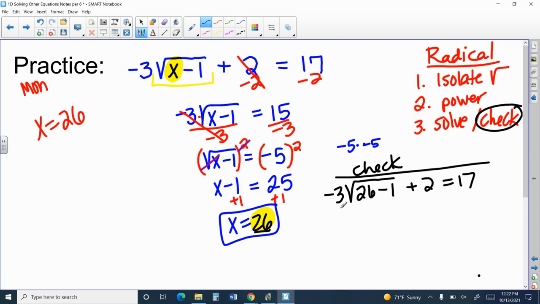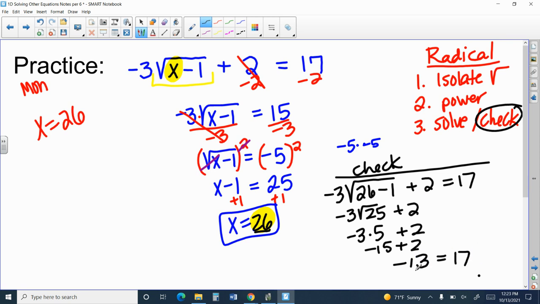I would simplify the left side here. Square root of 26 minus 1 would be square root of 25. So we have negative 3 times square root of 25 plus 2. Square root of 25 is 5. So this would be negative 3 times 5 plus 2. Negative 15 plus 2 would give us negative 13 on the left.